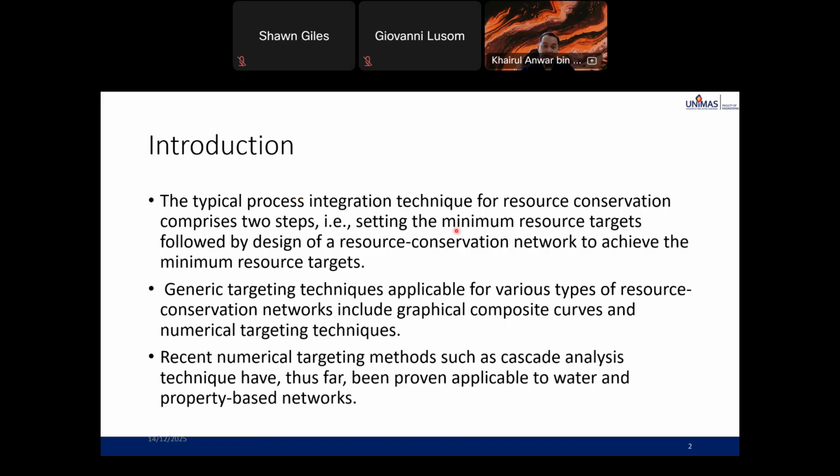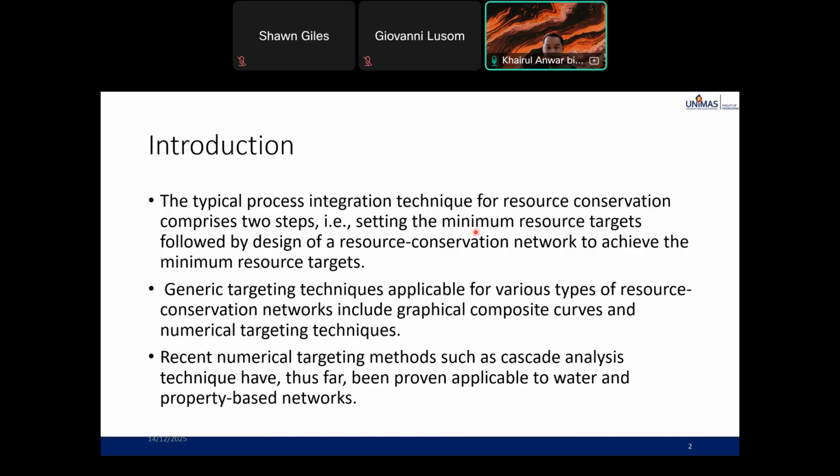The typical process integration technique for resource conservation comprises two steps: setting the minimum resource target, followed by design of the resource conservation network to achieve the minimum resource targets. Generic, applicable for various types of resources.